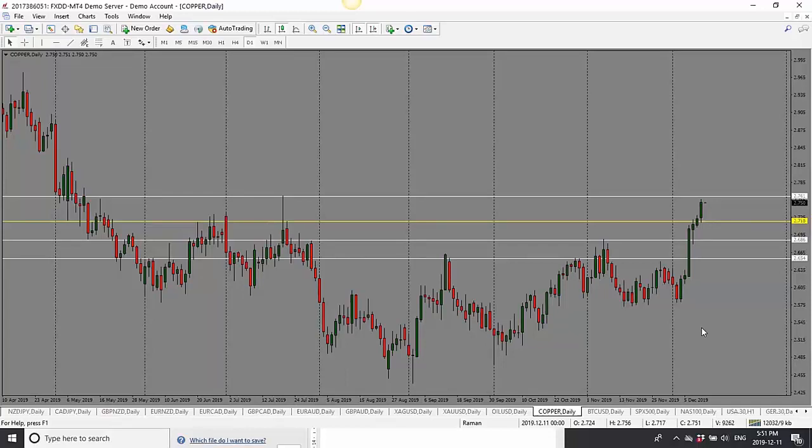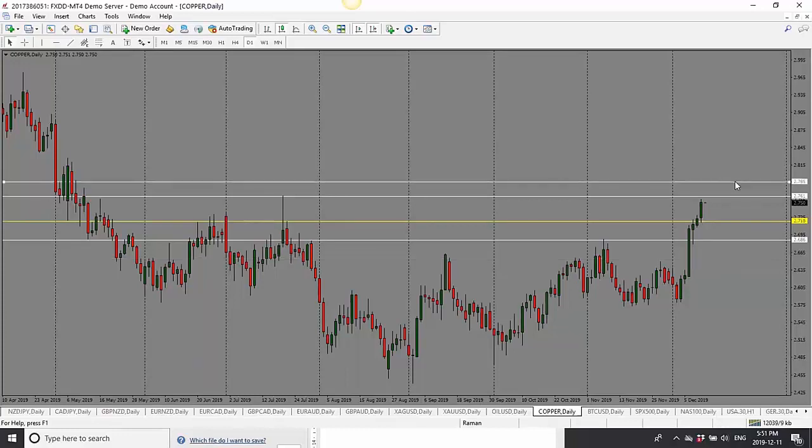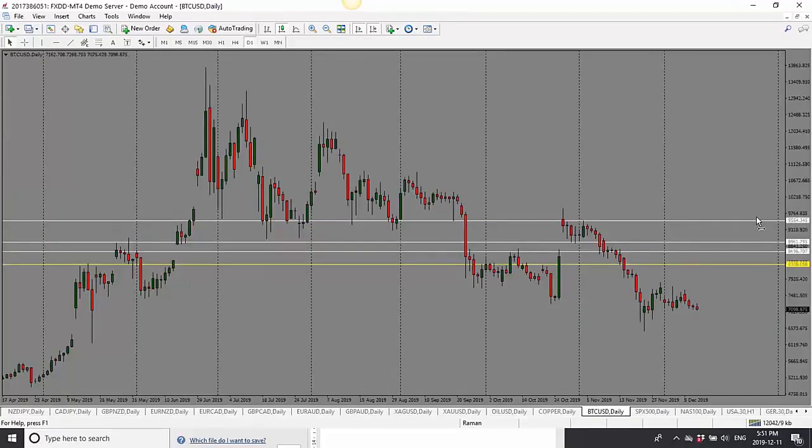And as a result, because these are directly related to Australian dollar and New Zealand dollar, they have gone up as well. All right, so bias is still bullish. Next target, we are into resistance, so keep that in mind. So we do need to see a break above. Next target though is 2.78. Bullish bias for copper.